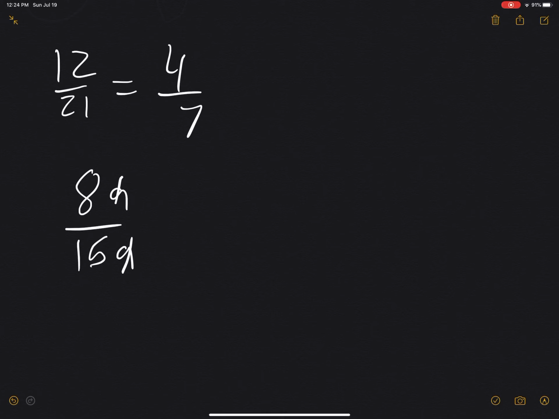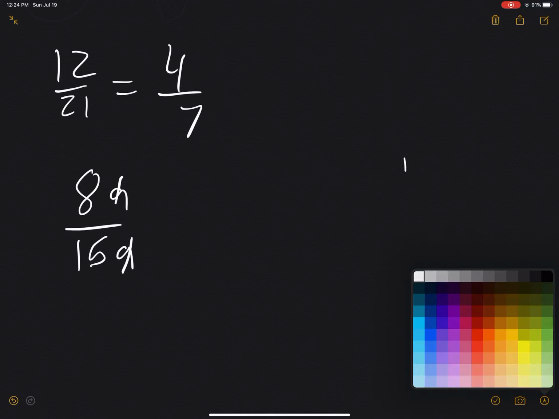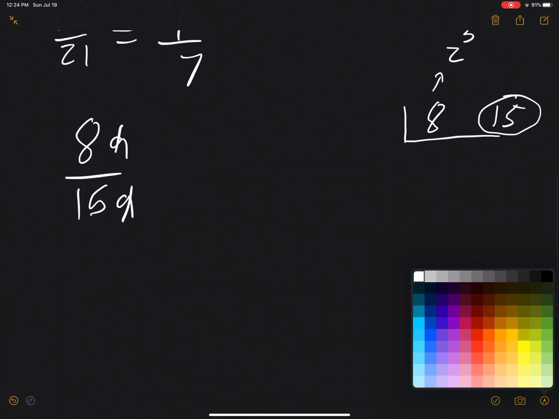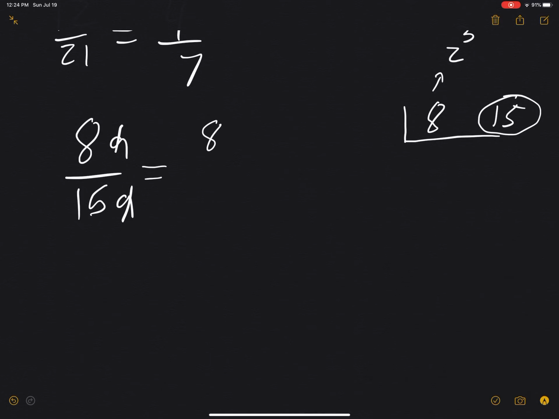Well, do 8 and 15 have anything in common? Well, we can put 8 and 15 into the division box and say, are there any factors that we can pull out of both 8 and 15? And we think for a minute and we remember that 8 is just a bunch of 2's. And 15 doesn't have any 2's because it's odd. So 8a over 15a is just going to equal 8 over 15.